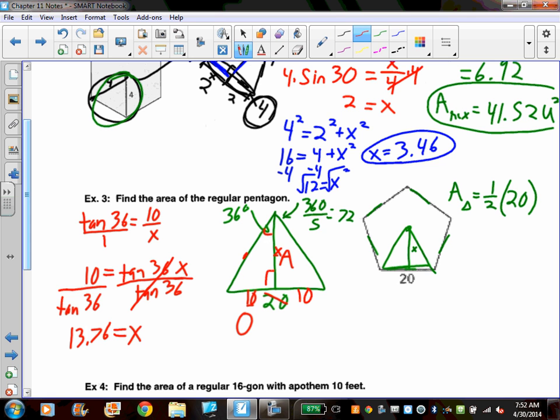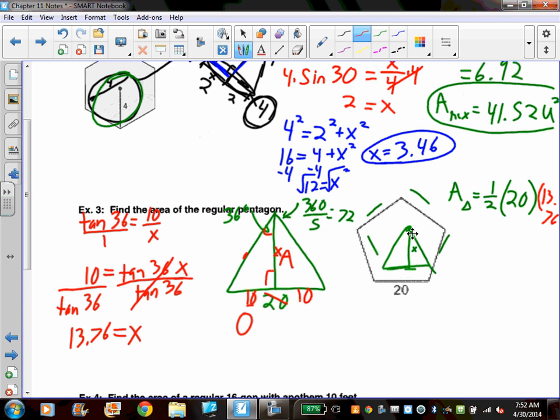So now we can finish up our area equation for our triangle. We know it's going to be 1/2 times 20 times 13.76. Looks like I just moved the problem a little bit, but that shouldn't matter at this point. Sorry about that.